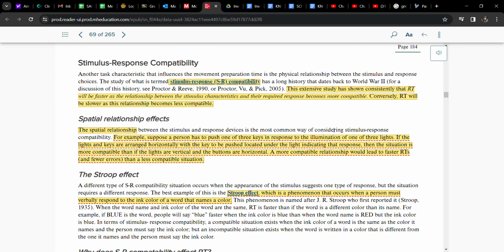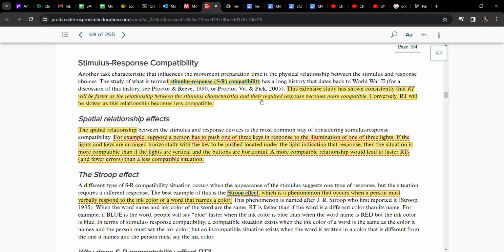So next we're going to talk about stimulus response compatibility. If you break down this term a little bit more, you can see that there's a stimulus, so there's something that is afferent. You're getting a stimulus that is coming towards you, and then your response would be your efferent. So how are you responding to it? How are you reacting to that?